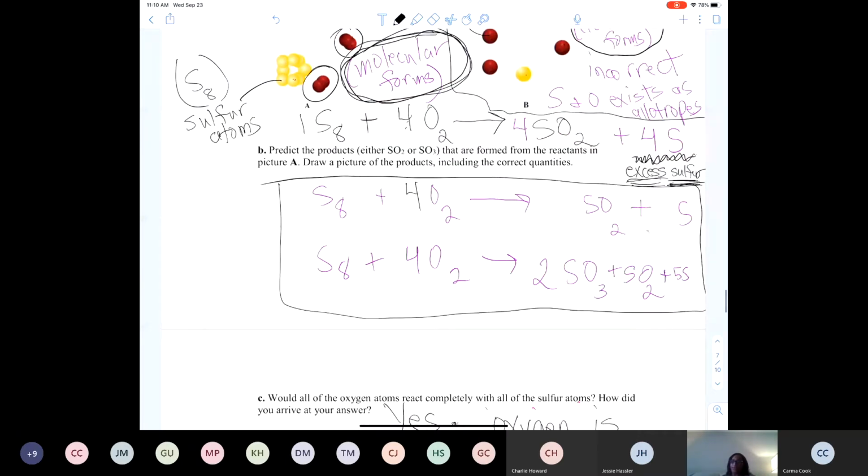And then in forming SO3, you also form SO2. So you can make 2 SO3 molecules, 1 SO2, and then you have 5 sulfurs left over.